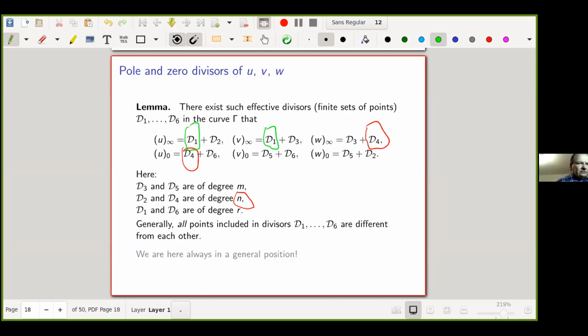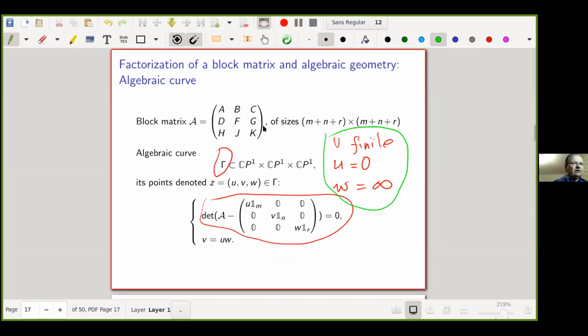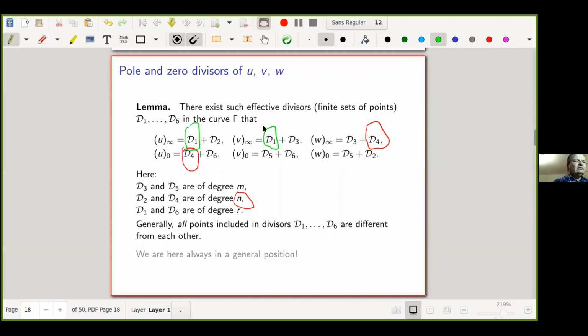Again, if you do some simple linear algebra, you will see that on this curve you will have some divisors of such degrees as written here, such that, for instance, U infinity consists of D1 and D2. And where is D2?